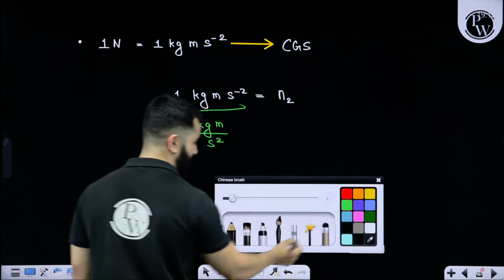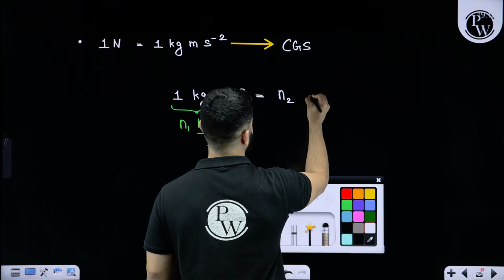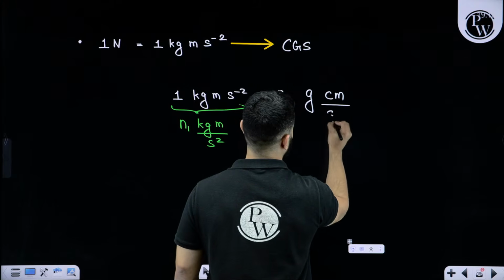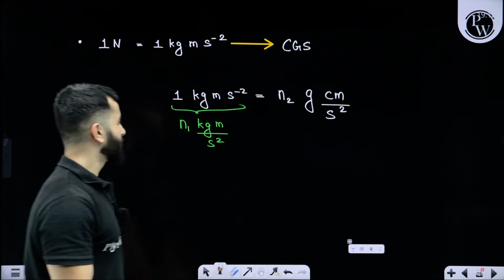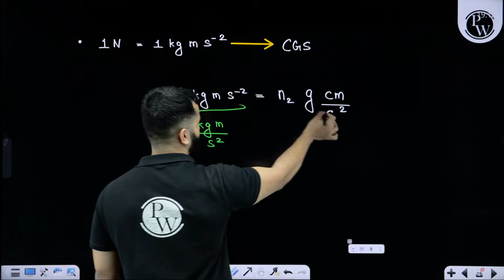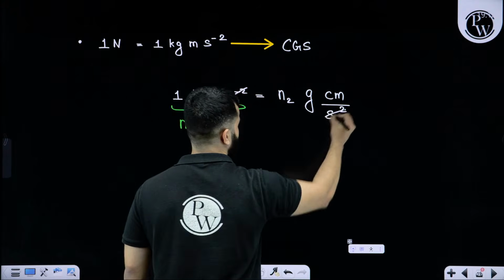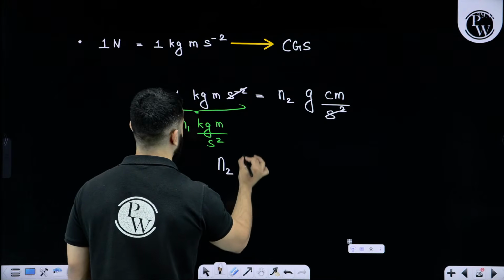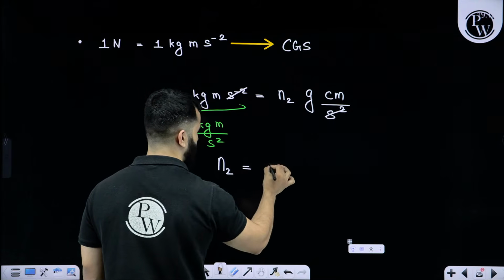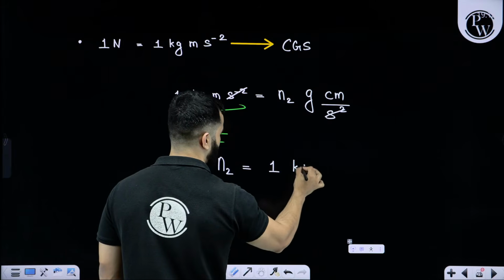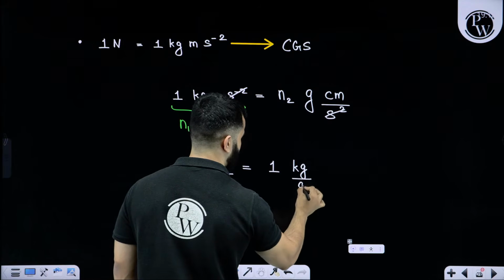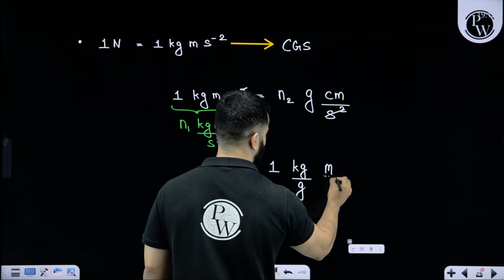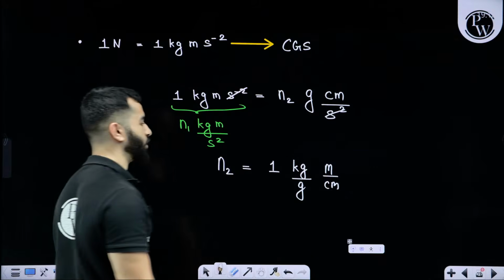So now let's write it down as N2 multiplied by gram, centimeter and second square. We don't have any problem with this. Clear? We want to find out N2. So if you want to find N2, you are going to write something like this: N2 equals 1 kilogram divided by gram, and then meter divided by centimeter, and you can find out the value of N2.